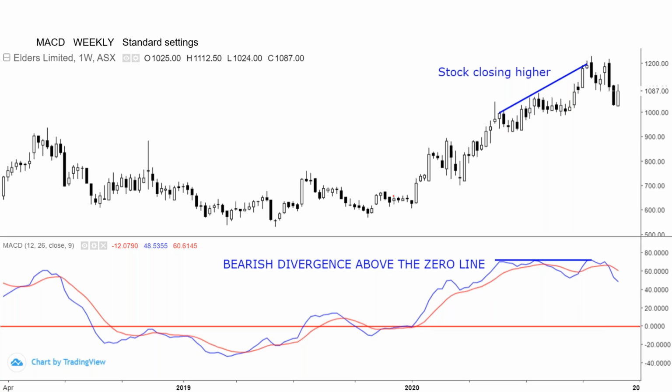So bearish divergence, this is Elders at the moment, again, weekly chart. We're starting to see Elders put in a lower high just here and a lower low this last week.